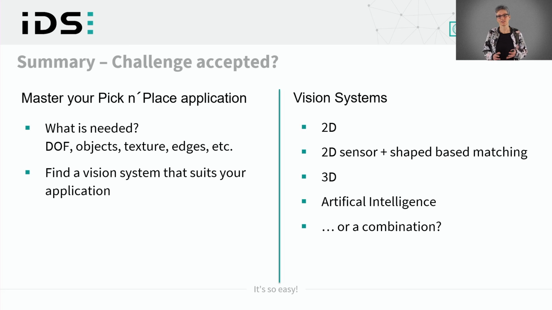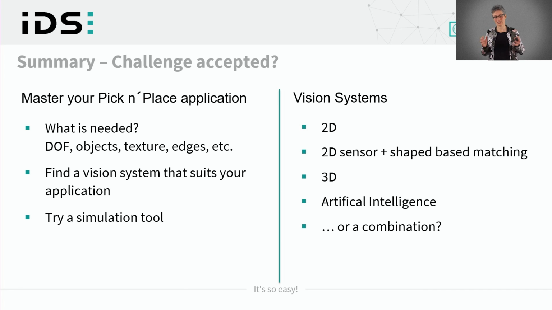This is a field of engineering that's developing very fast, so I can only recommend you stay tuned and have a look at the information channels for what's new in 3D vision, robot vision, and matching algorithms. And then you can try a simulation tool.